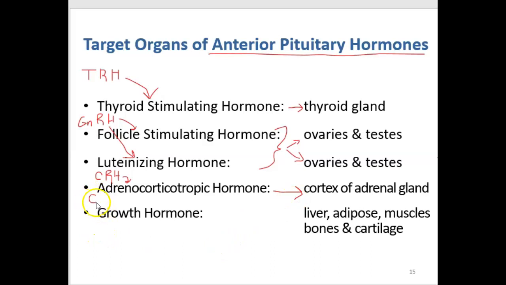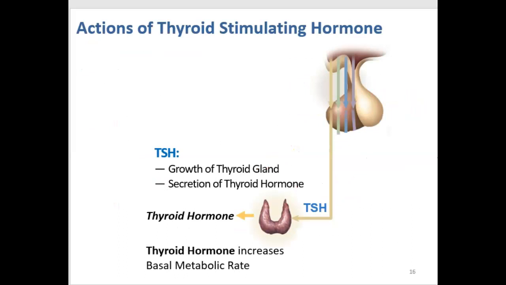And then finally we had growth hormone releasing hormone from the hypothalamus act on the anterior pituitary to release growth hormone. And growth hormone has many target cells. Now we'll look at what happens in the target cells.